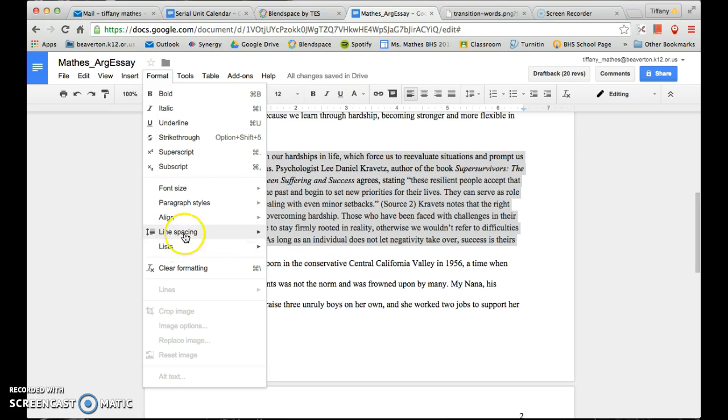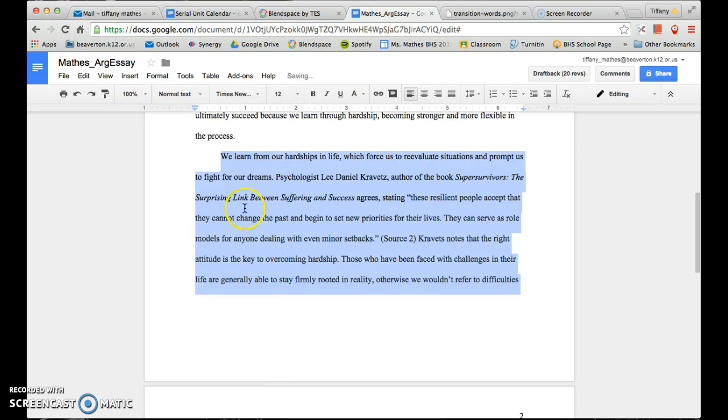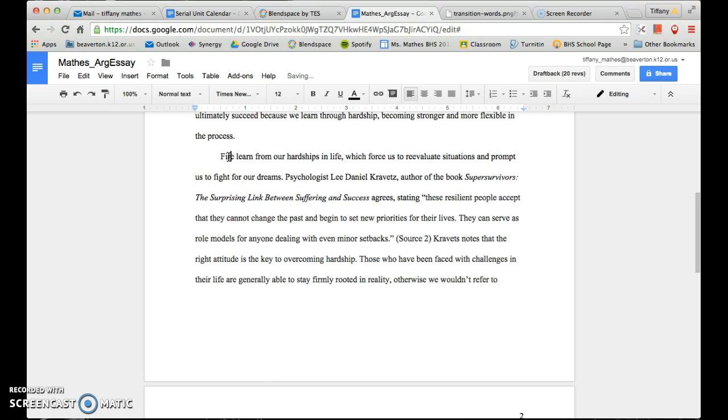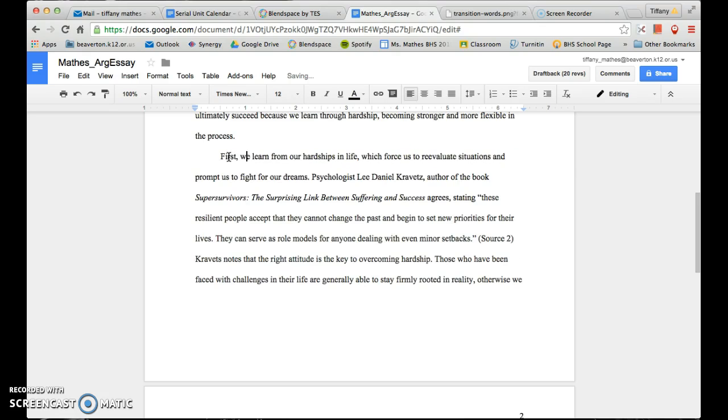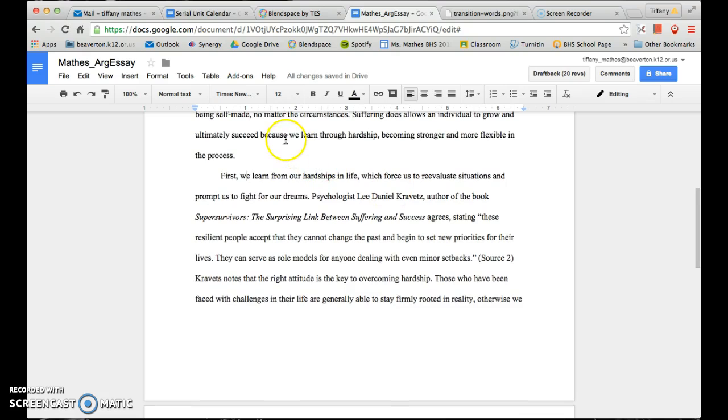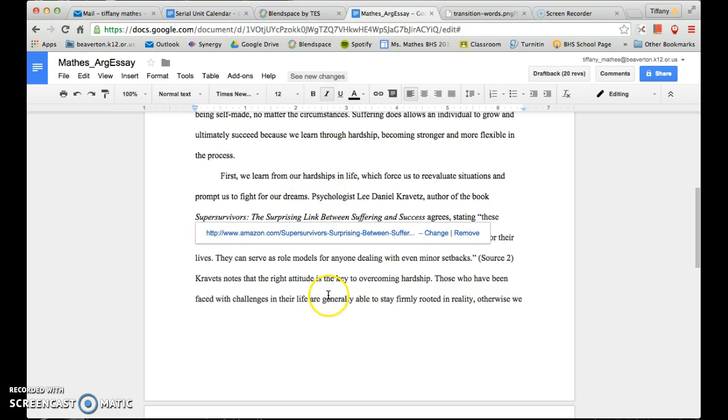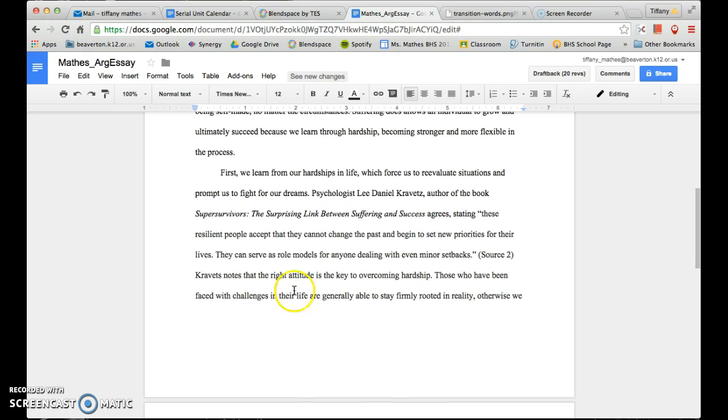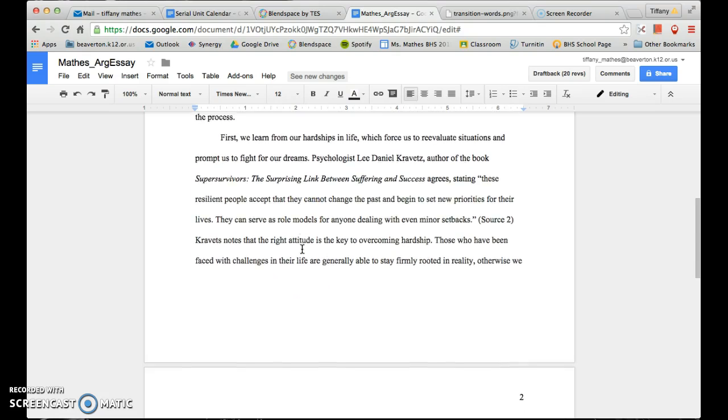That's easy to fix. Okay, so I'm going to flip-flop this, and I'm going to add a transition word in there. First, we learn from our hardships in life, which force us to reevaluate. So I'm tipping the reader off that that's the topic I wanted to talk about first. See that? Learn from hardship. Cool. So my transition is done for that paragraph.